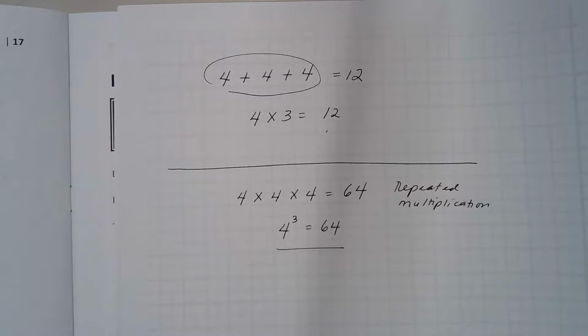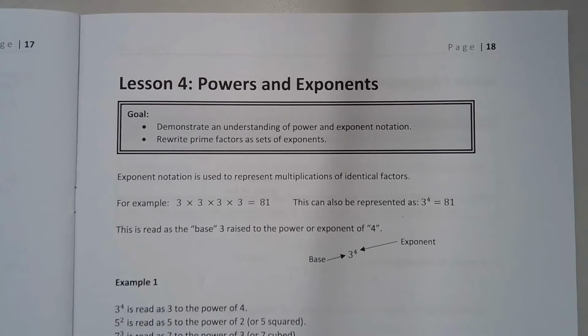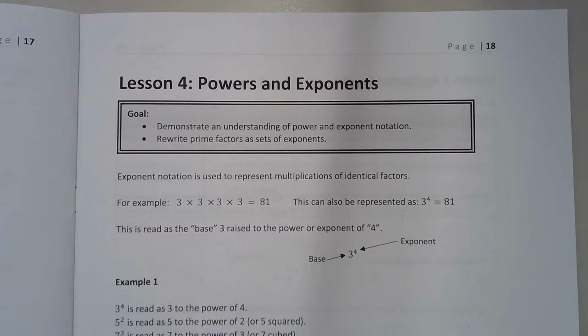So exponents really is a repeated multiplication, multiplying of the same numbers over and over again. So when you have an exponent, that's what it really means. Nothing special. It is somewhat special. The special part of that is that we don't have to do the 4 times 4 times 4, right? The long way. So that leads to our exponents and powers.